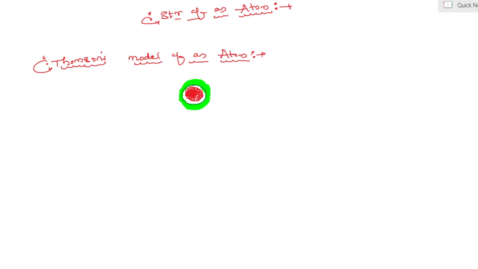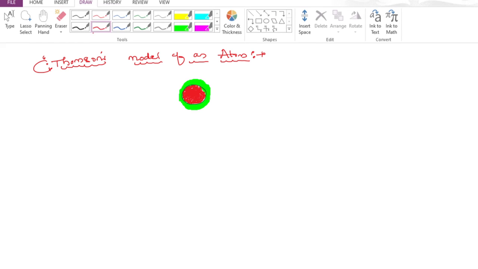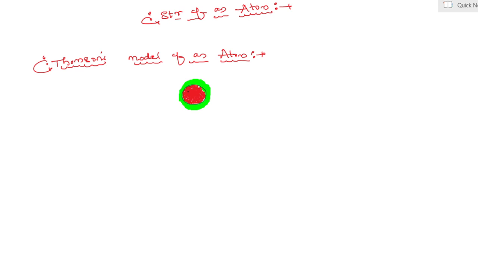The red edible part is a positive sphere, and the black seeds are termed as what?